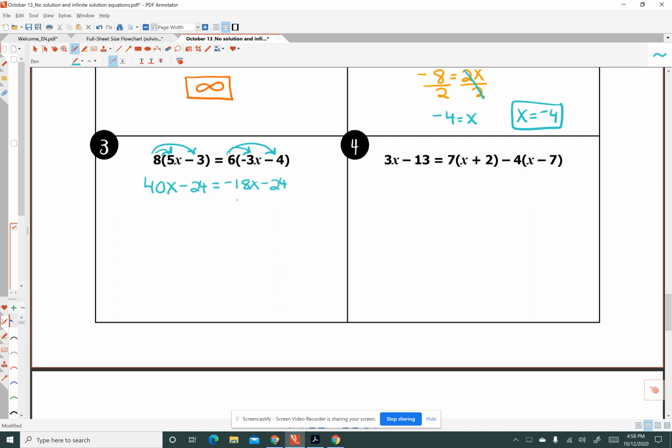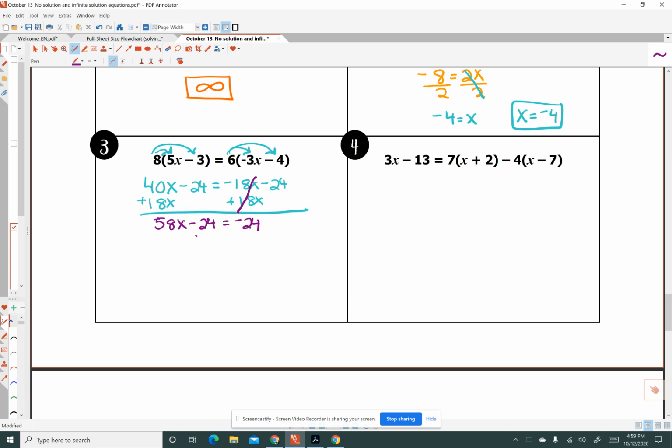I think I will add 18x to both sides of the equation. Now I have 40 plus 18 is 58x. Minus 24 equals negative 24.